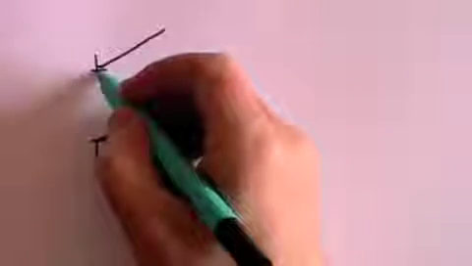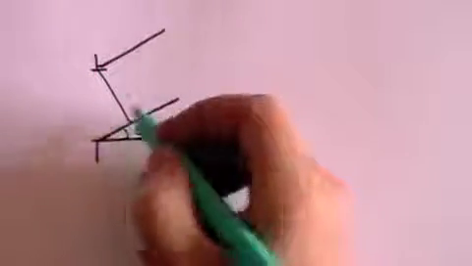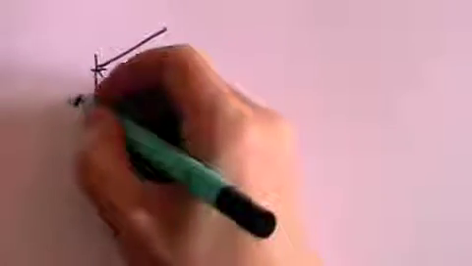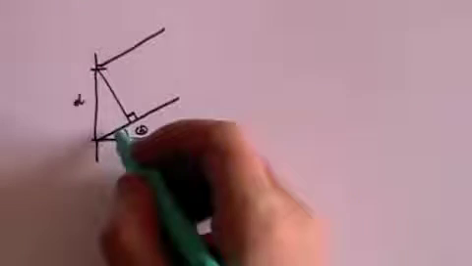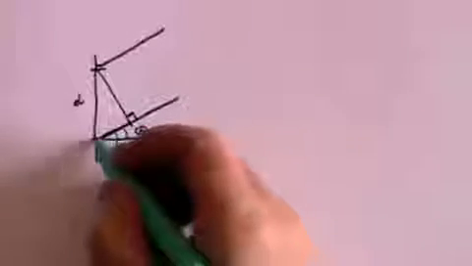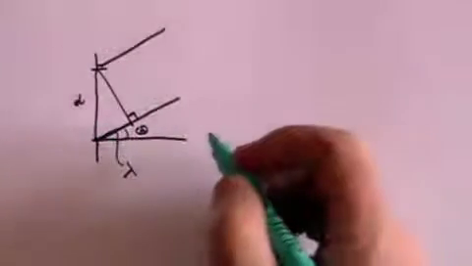I'm going to drop a perpendicular down here, at right angles, and this distance here we know is d, the width of the slit. What happens if this distance here is lambda, the wavelength of the light that's coming through the slit?